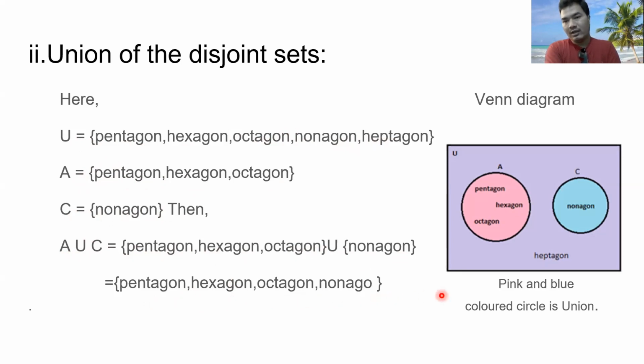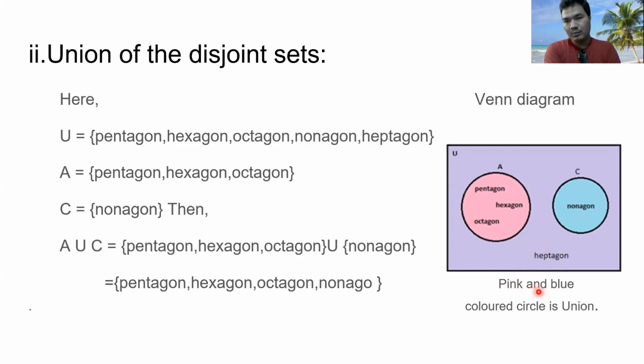Okay, and here is done. First of all, draw this set A, pentagon, hexagon, octagon, and this set C, nonagon only. There is no common element, that's why draw them separately, that is disjoint. And what is left now in the universal set? Here is heptagon. There is heptagon in universal set, that should be written outside the circles. And here's done.